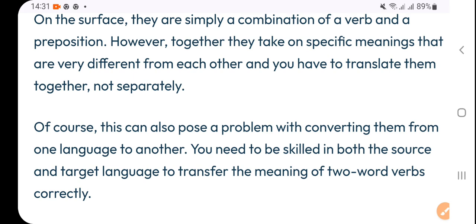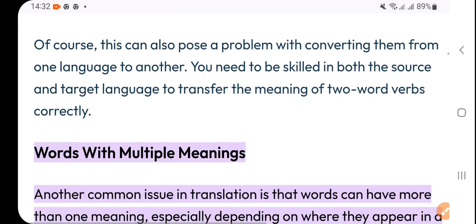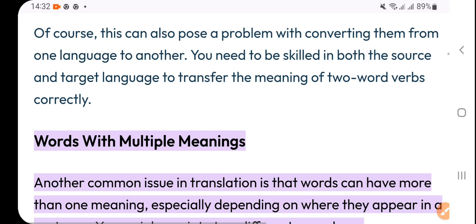So similarly, many such words are there. Compound words are different and the meaning is totally different. Of course, this can also pose a problem when converting them from one language to another. It's actually a very big task to change compound words, or two word verbs, or such types of words into the target language.